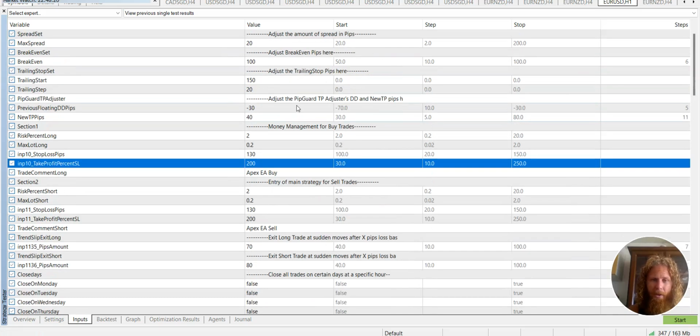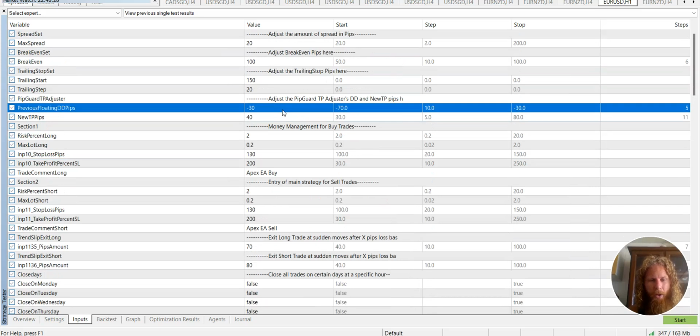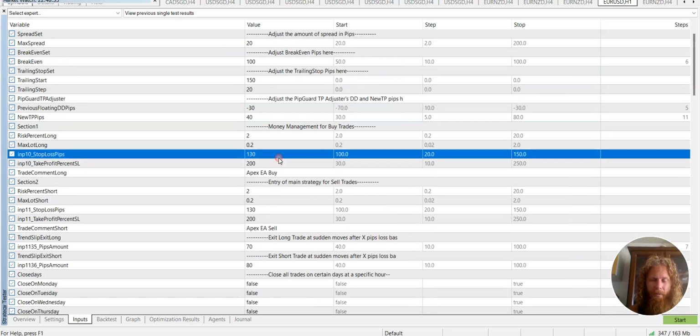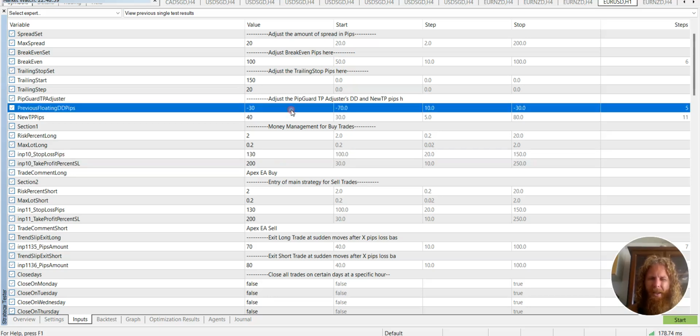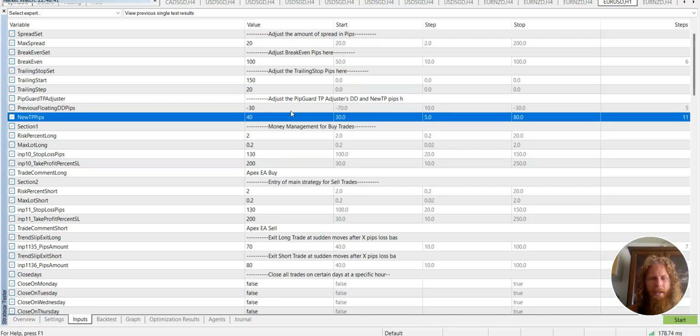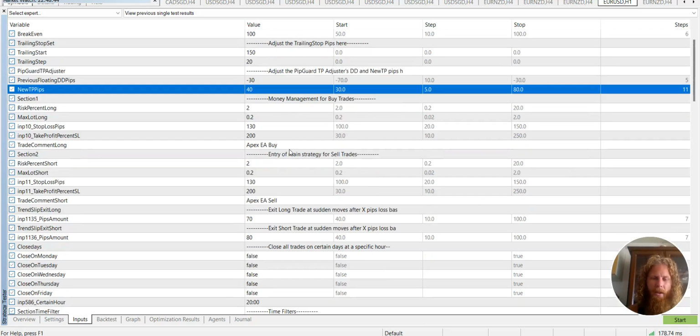Of course, if the trade goes in your favor, you can profit like 260 pips. But if it's not, you can really save time and pips with this feature.